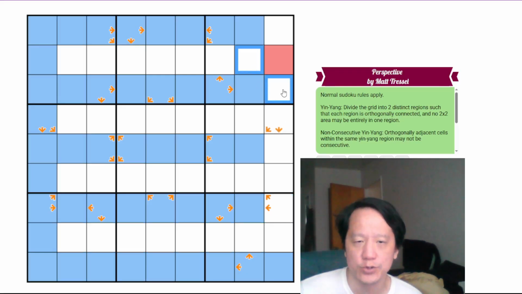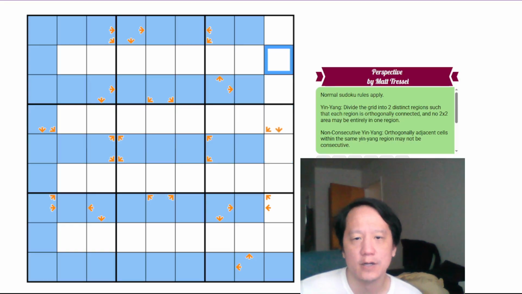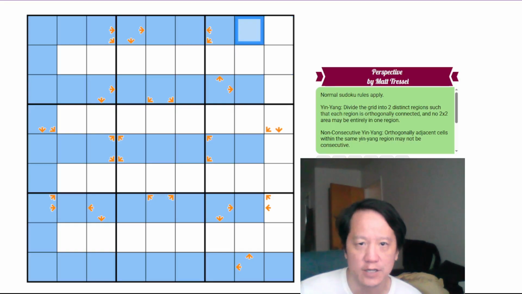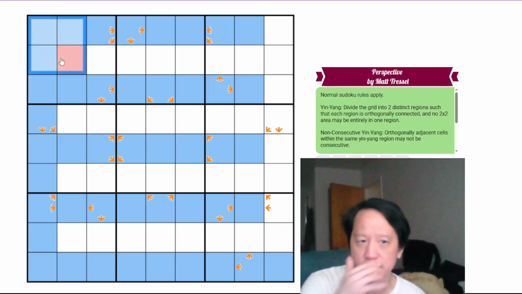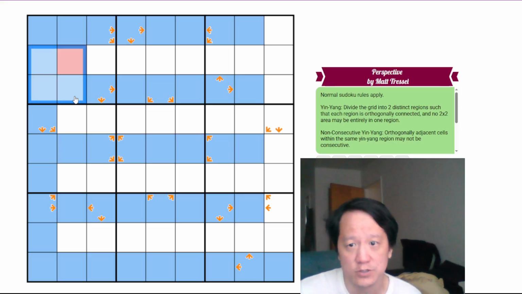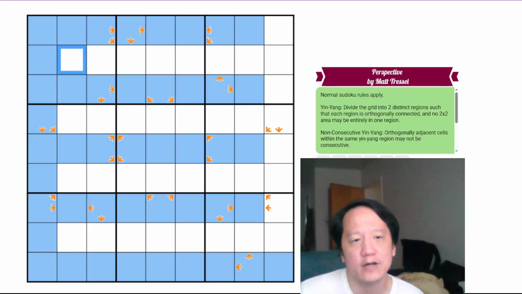They would have to go through a corner or go through edges and exit the region, which is not allowed. This is also not a valid yin-yang shading because this 2x2 area is entirely unshaded, which is not allowed. And similarly, this can't work because this 2x2 area and this 2x2 area is entirely shaded, which is also not allowed. So that's an example of how yin-yang shading could work.